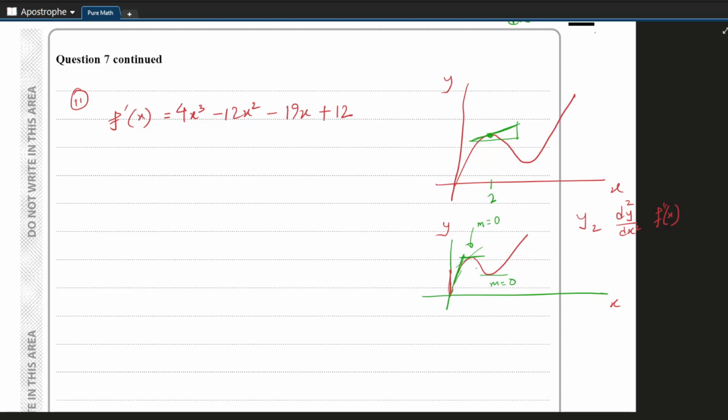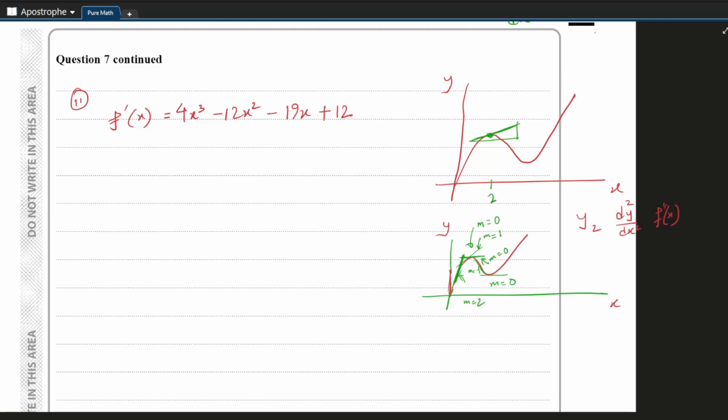But what is the rate of change of the gradient? Let's say in this part the gradient is 2, in this part the gradient is 1, and in this part the gradient is 0. The gradient is slowly decreasing, and when we come here the gradient is, let's say, -1. So it is decreasing.